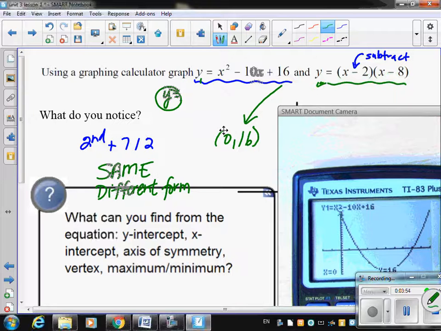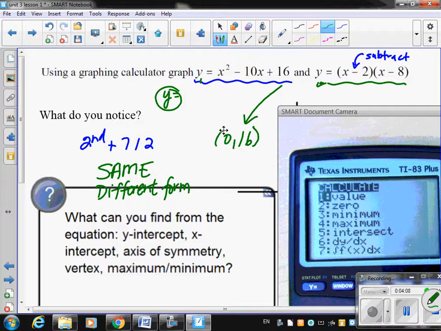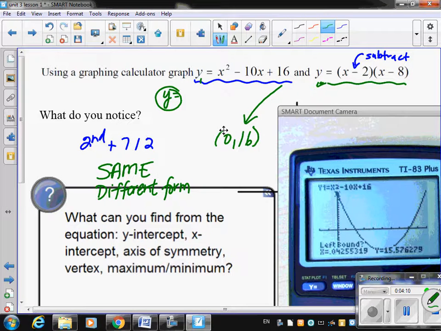Let's find the other key pieces of information and see what the second form can tell us. I'm going to look at my maximum and minimum values. This one opens upwards, so it has a minimum. Second trace, there's minimum as option number 3. This is where I look to the left. Well, I'm very to the left, so I'm going to go down a little bit. Okay, now I am to the left of that minimum.